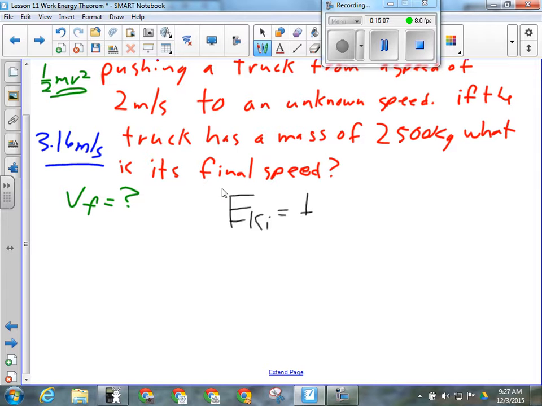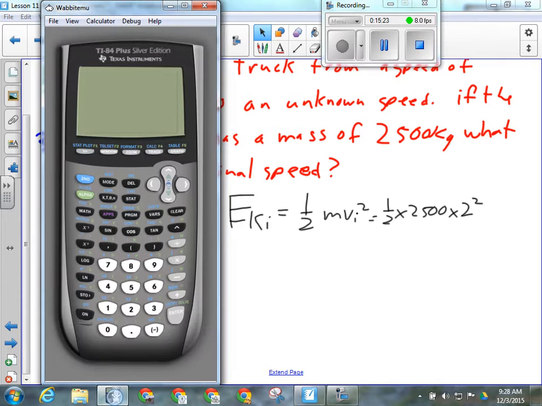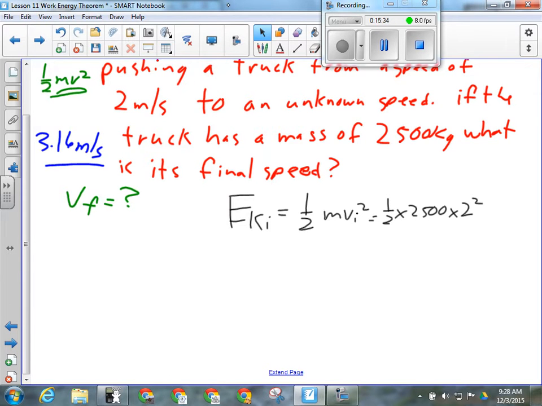We're going to do that right now because we have a formula for that: 1/2 m v initial squared. So that's going to be 1/2 times 2,500 times 2 squared. All right, so we got 5,000 joules.